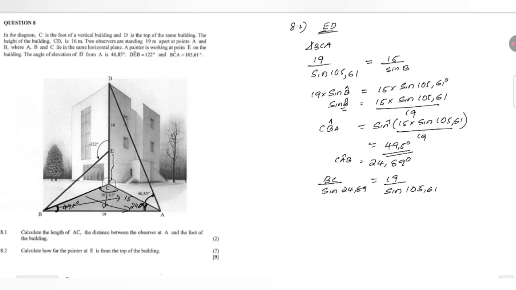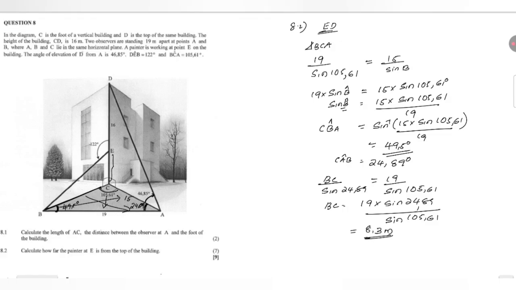Now I can get it. So BC is equal to 19 times, just cross multiply, sine 24.89 divided by sine 105. You can do it yourself. So what is BC? 8.3 meters. I got it.